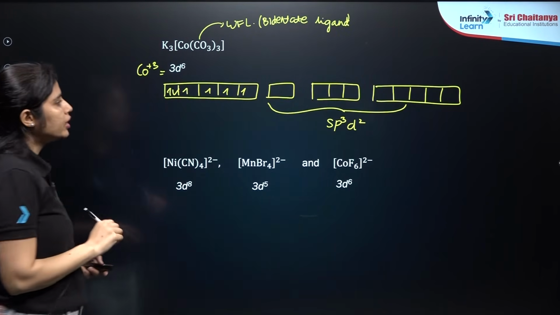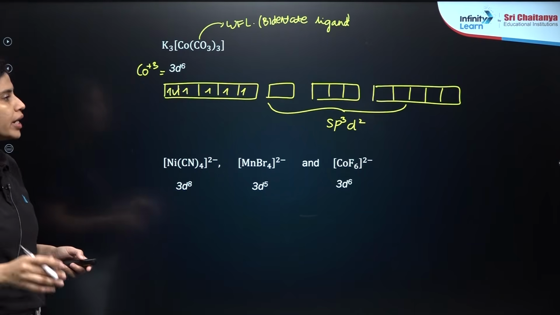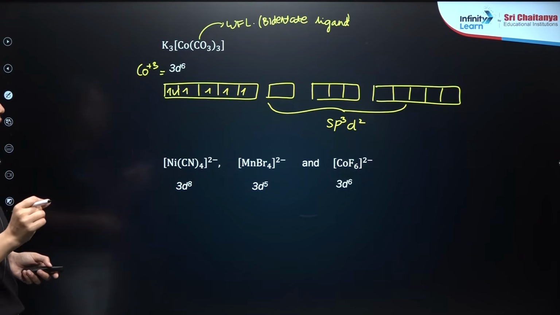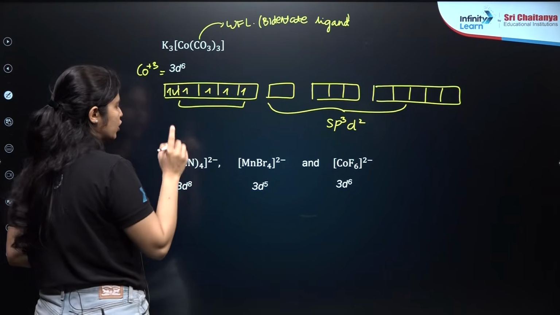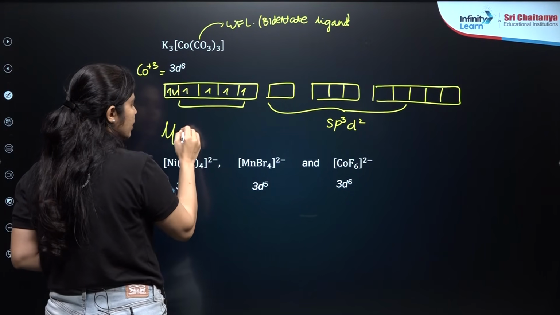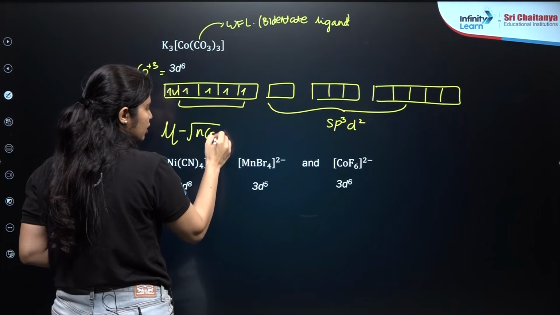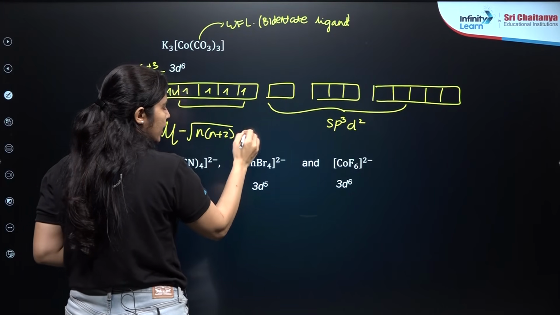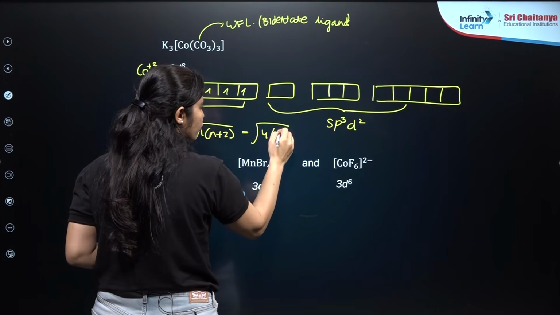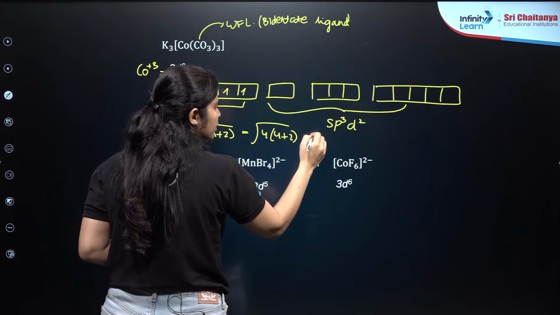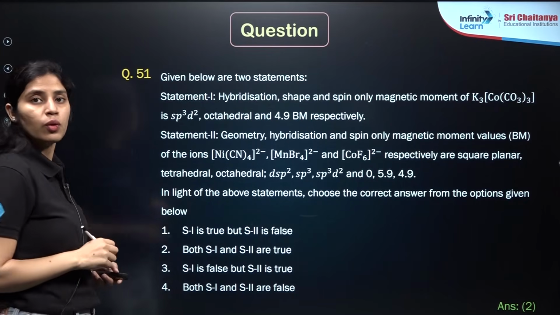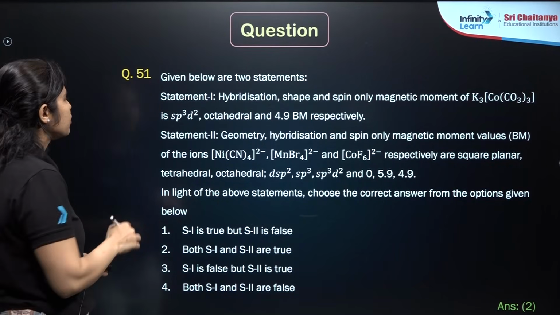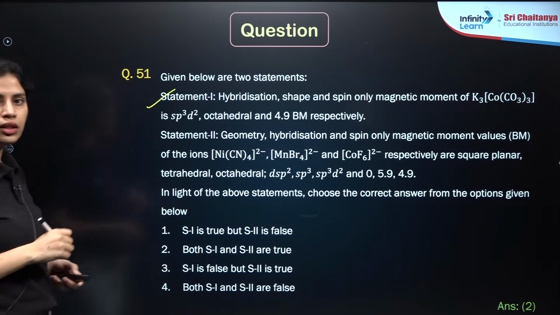So hybridization is absolutely fine. It is octahedral. Let us look at the number of unpaired electrons. There are 4 unpaired electrons, and if we put that in the formula, we get the square root of n into n plus 2, that is, 4 into 4 plus 2, which gives approximately 4.9, which is already given over here. So that means the first statement is absolutely correct.